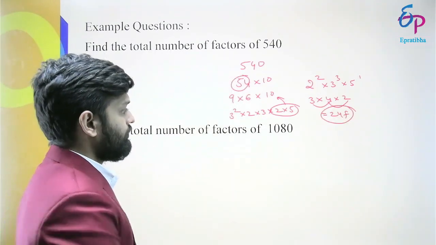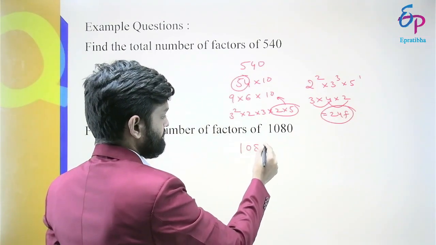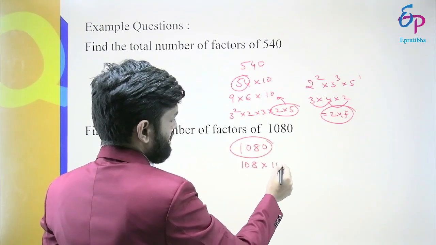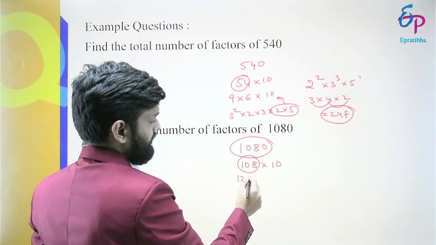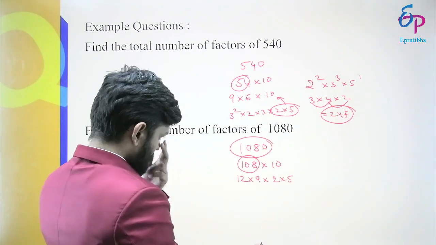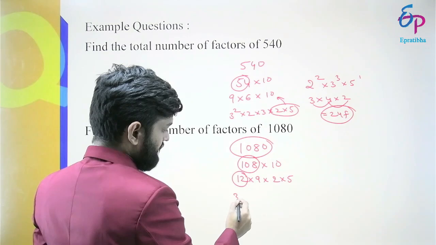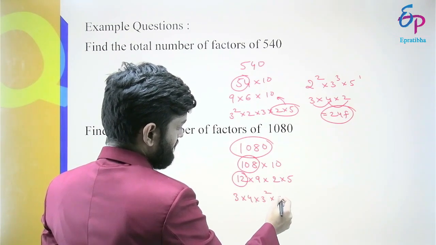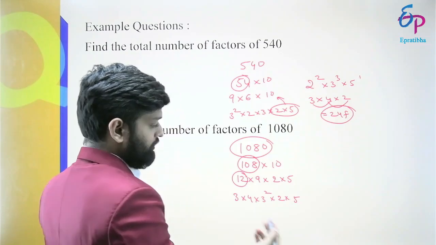Again for 1080, it can be written as 108 into 10. 108 can be written as 12 into 9. 10 can be written as 2 into 5. Now 12 can be written as 3 into 4, into 3 square into 2 into 5. Let's count the number of 2's first.